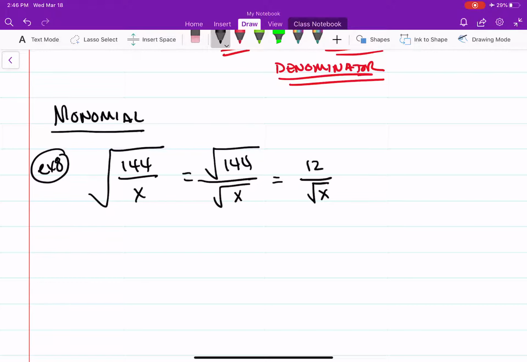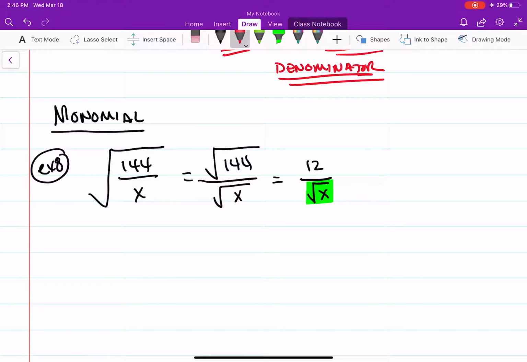And since here we have our issue because we can't have the radical in the denominator, the question is, what do we do? So we think about how do we get rid of a square root, right? If I have a square root of x, what do I multiply square root of x by to get rid of the radical?